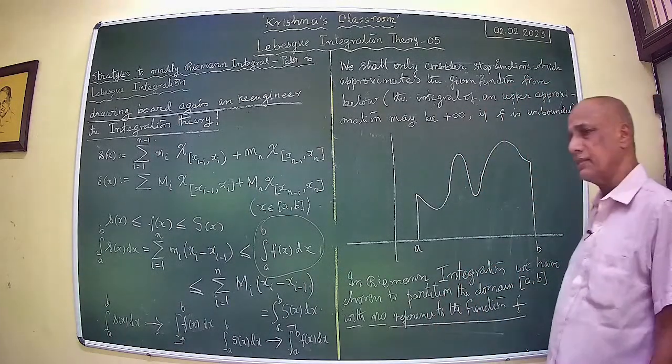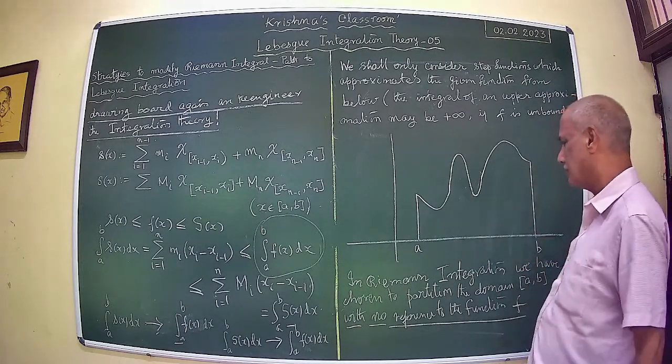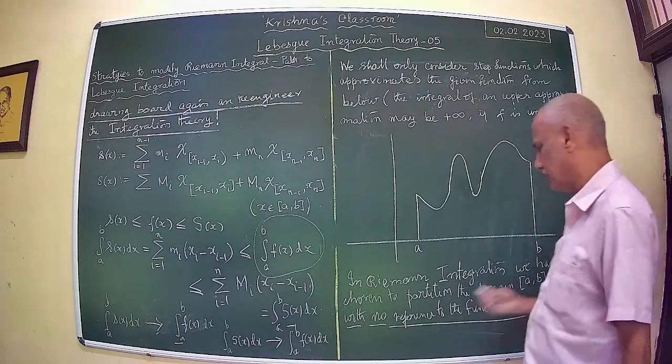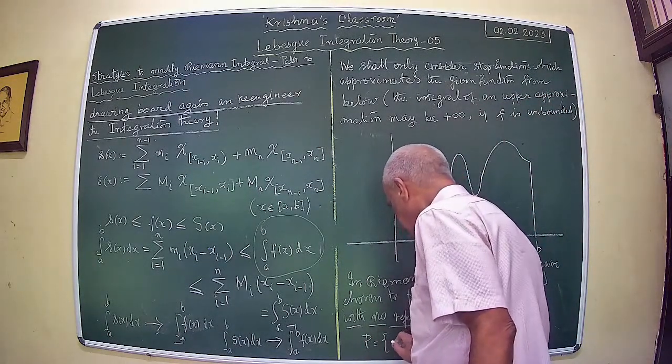Irrespective of what function we were dealing with, we always partition the domain. So it was P.